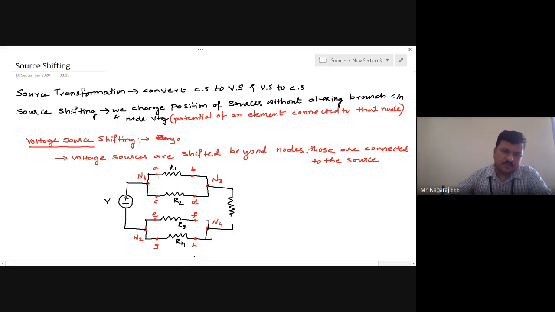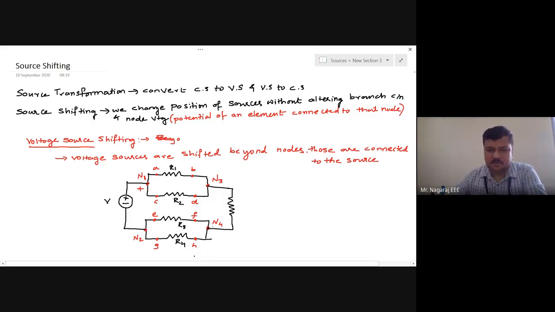We should observe that terminal A of R1 is connected to N1, and N1 is connected to the positive terminal of the source. Therefore, the potential of N1 is positive. Do you agree?